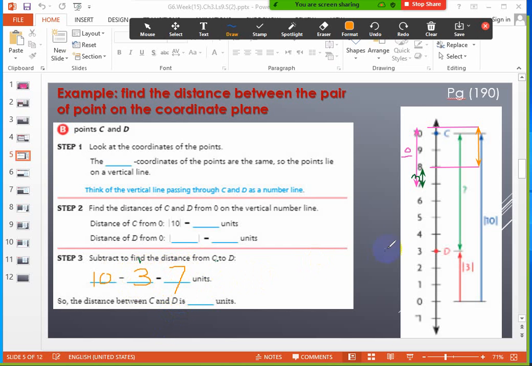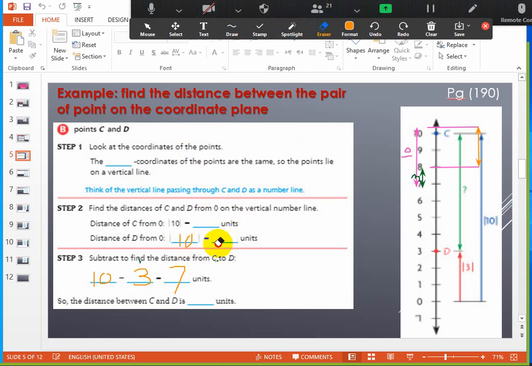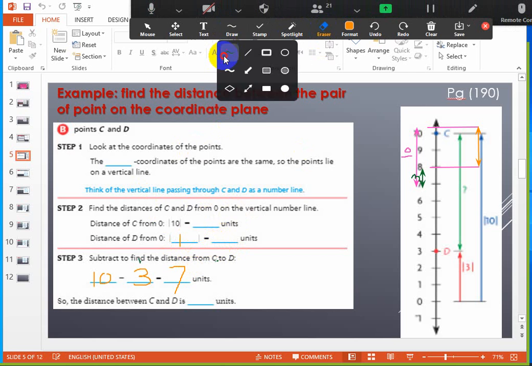Of course, here already in the book told you that you have to take the absolute value for the whole numbers, okay, to make the numbers positive. But here no need to take the absolute value because already the numbers are positive. Okay, sorry, this is 3.